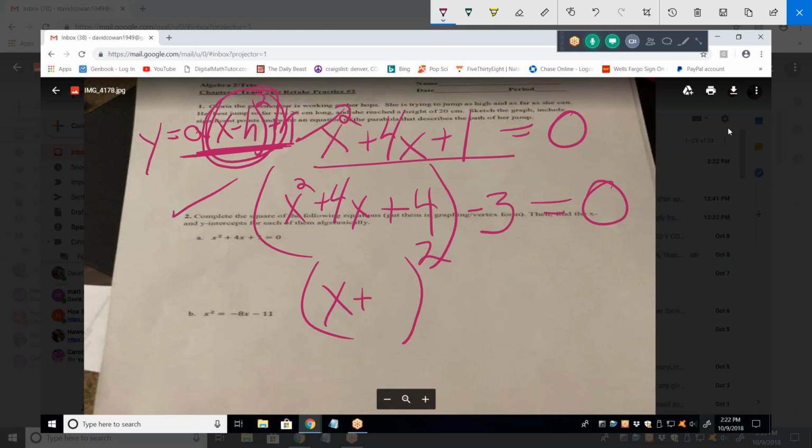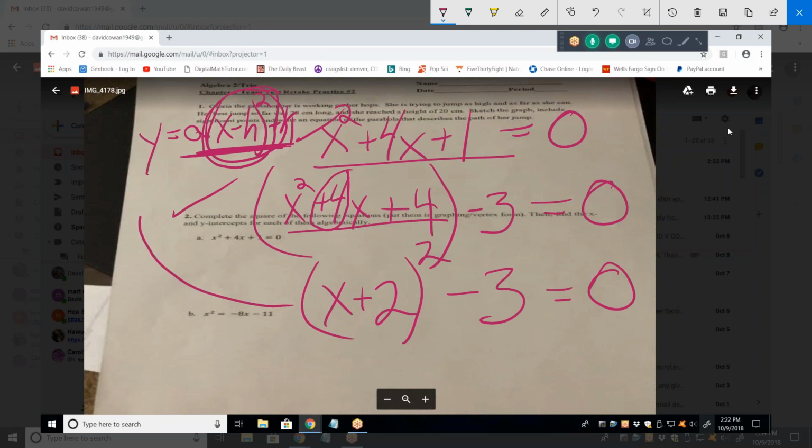It's always x plus whatever I got when I took half of that. In other words, x plus 2 squared is that. Still have the minus 3.